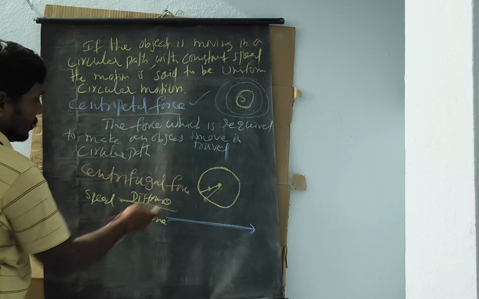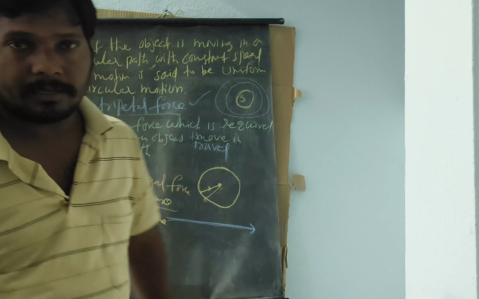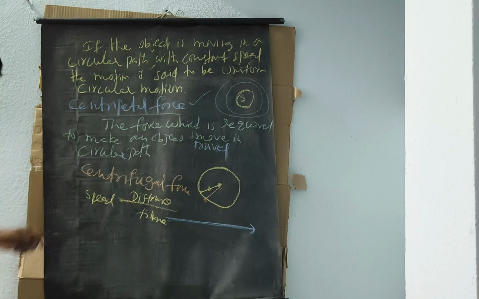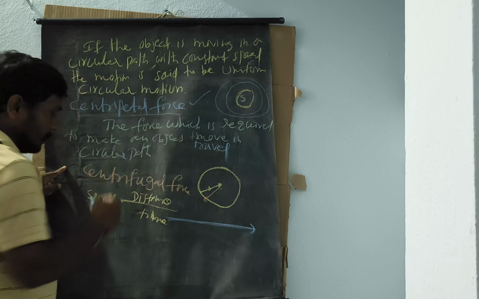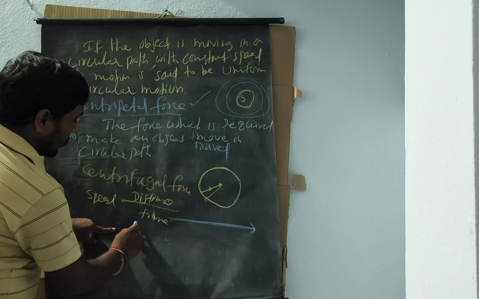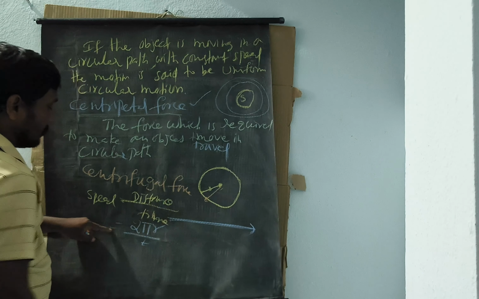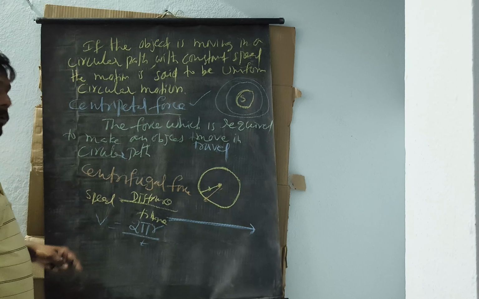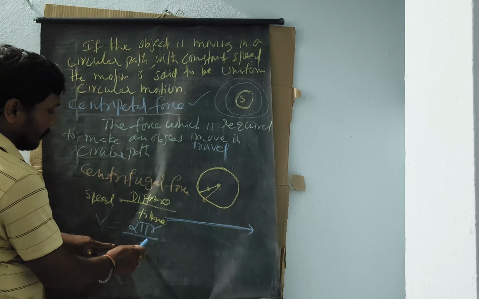Here distance is equal to the circumference of the circle. To calculate the speed of a body moving in a circular path, distance is equal to the circumference, 2 pi r, by t. The speed for an object moving in a circular path is 2 pi r by t.